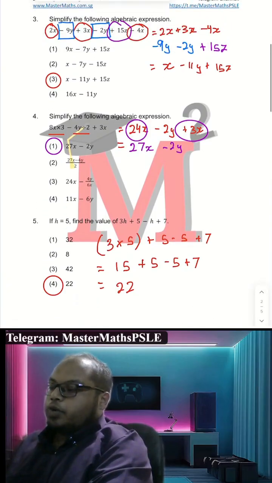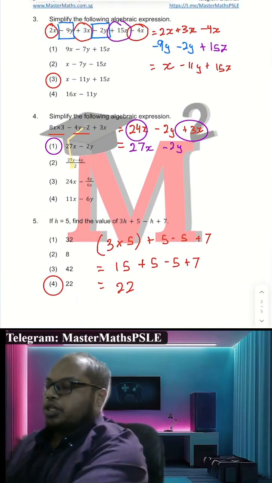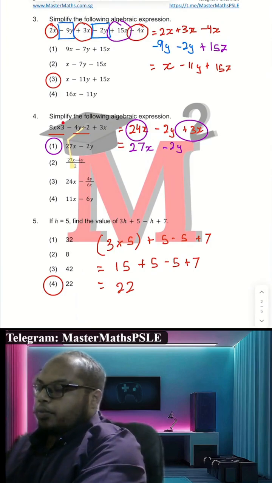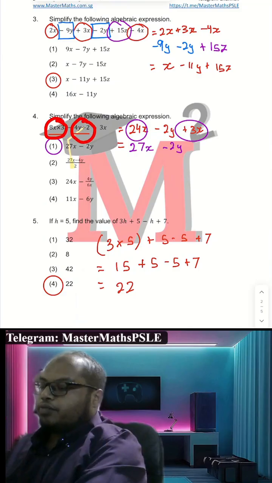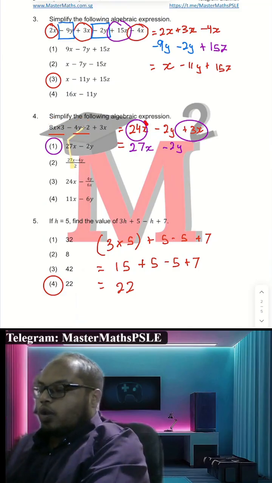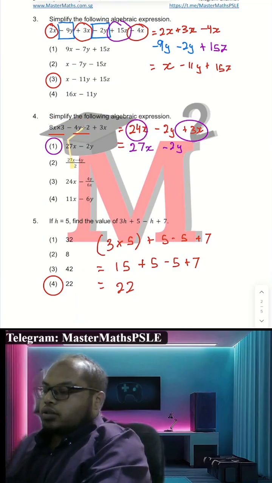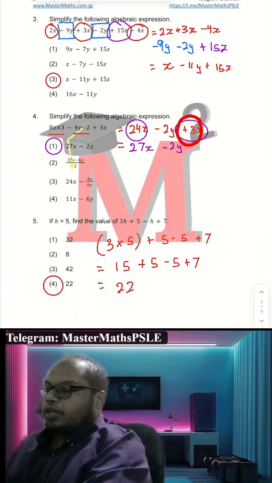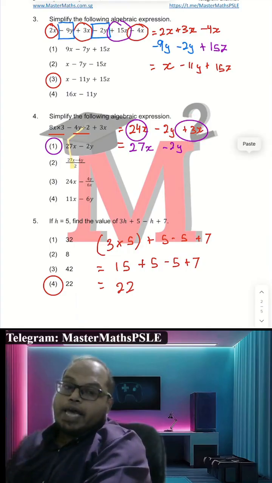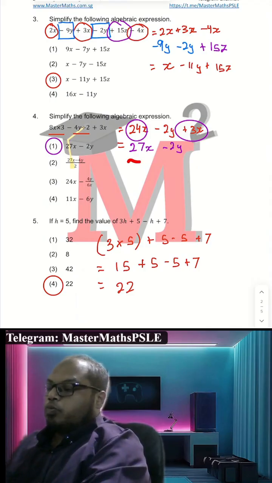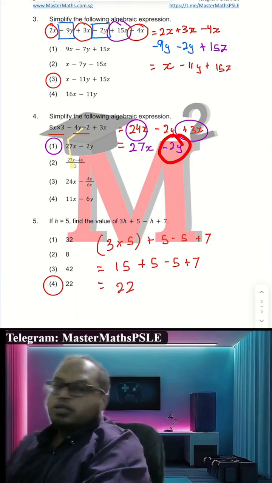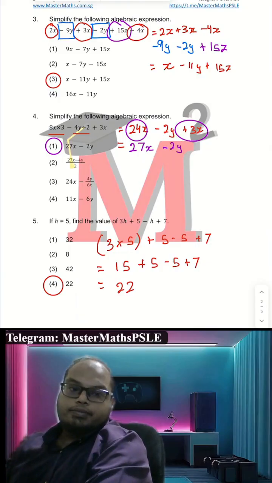And then the next one, the simplified one, like I mentioned, do the multiplication and the division first. So we get 24x minus 2y plus 3x. I circle these two because I want to simplify the x first. So it becomes 27x minus 2y.